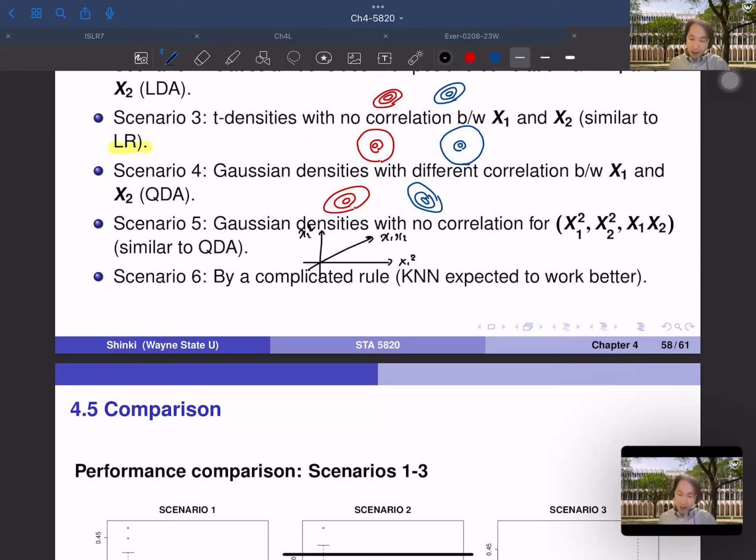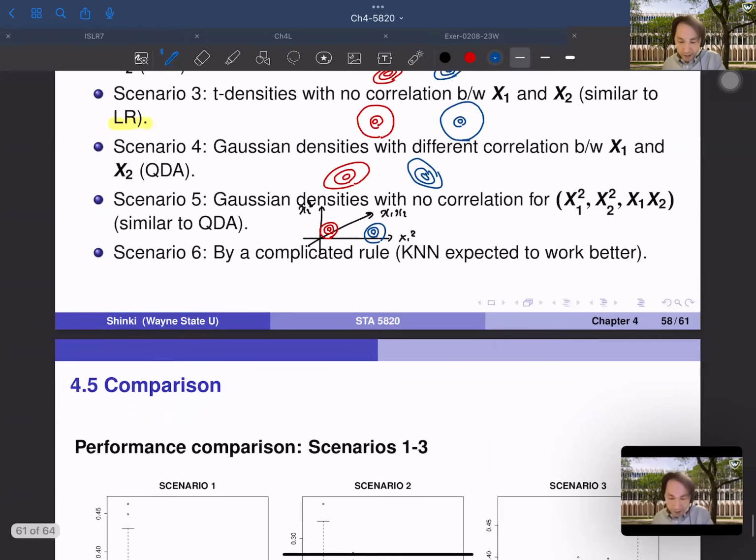Within this space, these two are the same, with no correlation, so the contour plots are like this and like this. But the space is different.